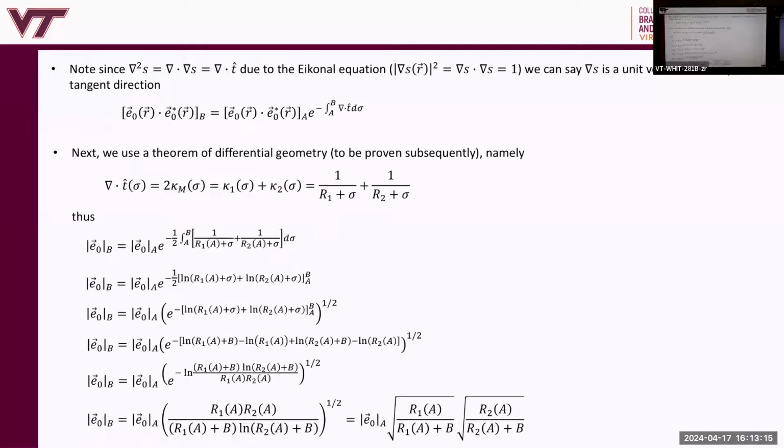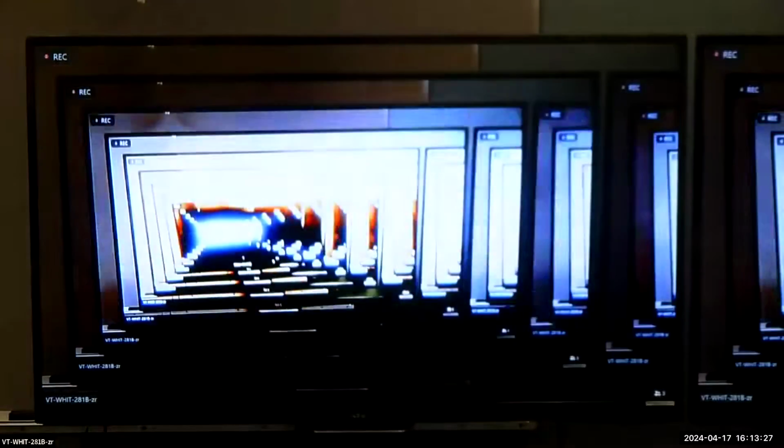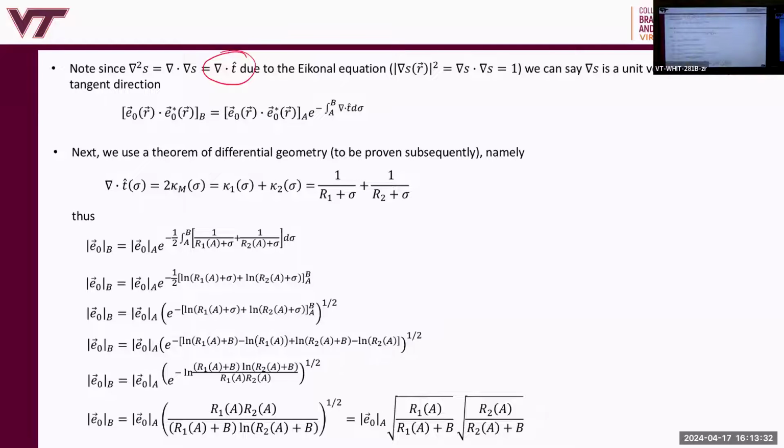All right. So note, since del squared S is equal to the divergence of the gradient of S, which is equal to the divergence of t hat, by the eikonal equation, then what we can say is the gradient of S is a unit vector in the ray tangent direction.